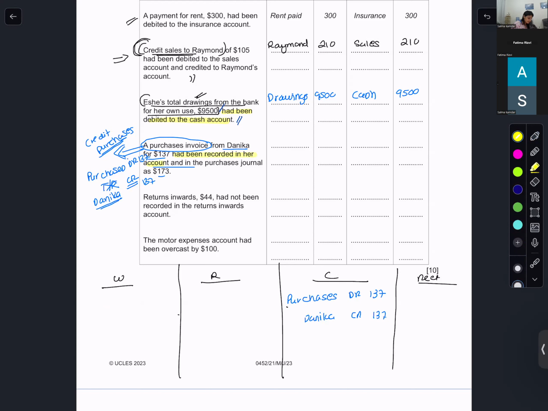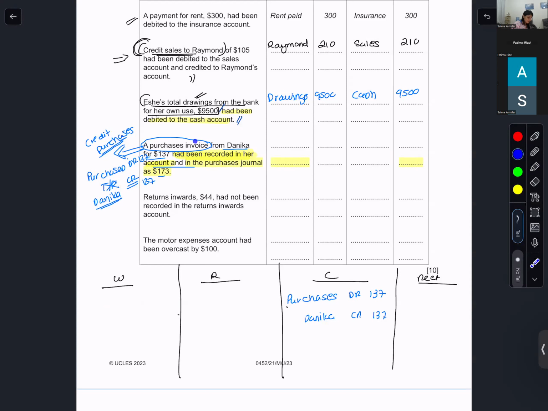Can you first read? A purchases invoice from Danica for 137 had been recorded in her account in the purchases journal as 173. So we don't write Danica in the correct part, right? Because it's already recorded.